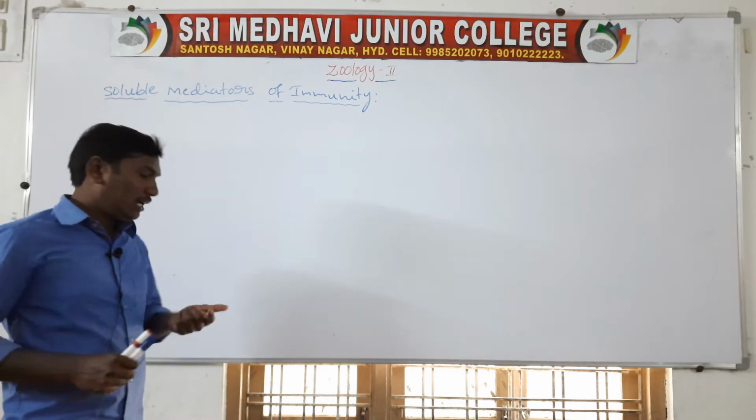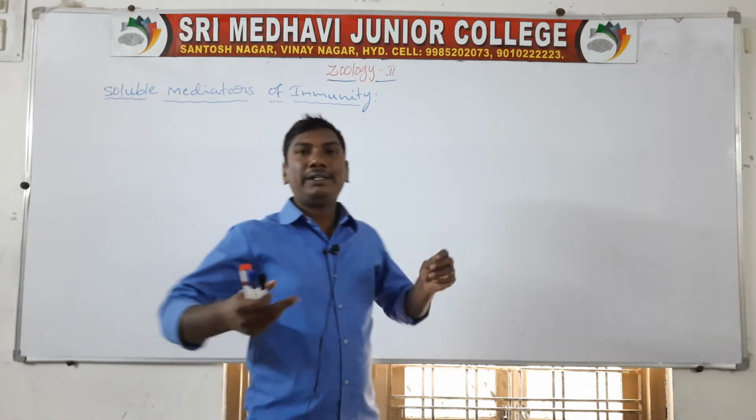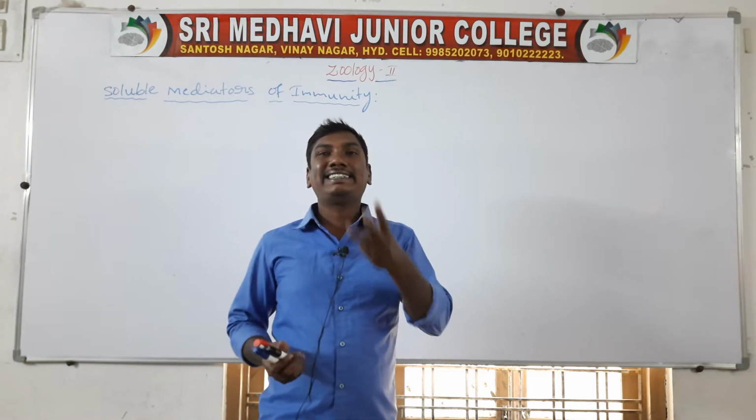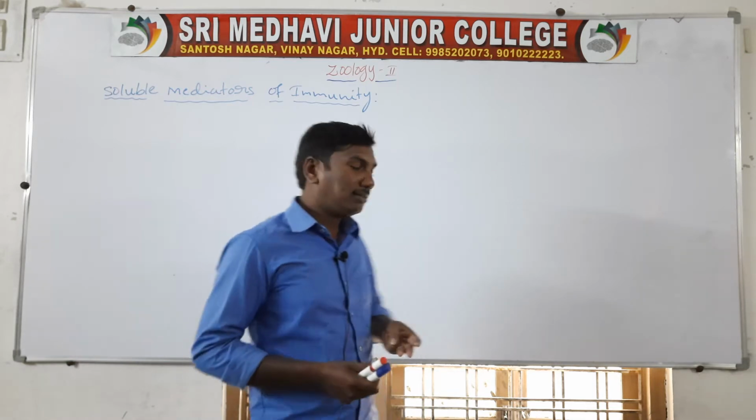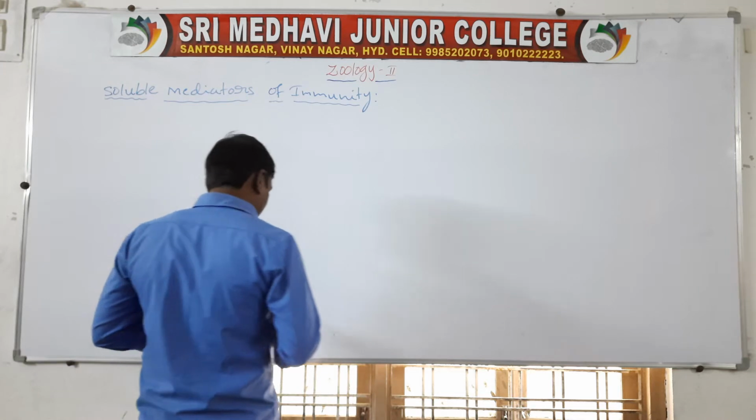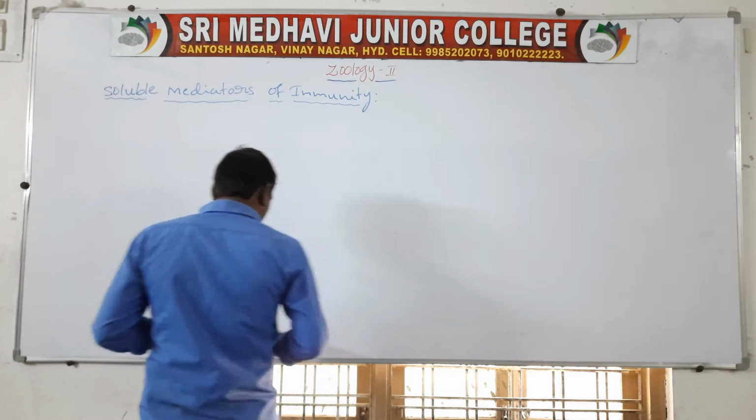Today we will discuss soluble mediators of immunity. These soluble mediators of immunity contain three types. The first one is complement proteins.